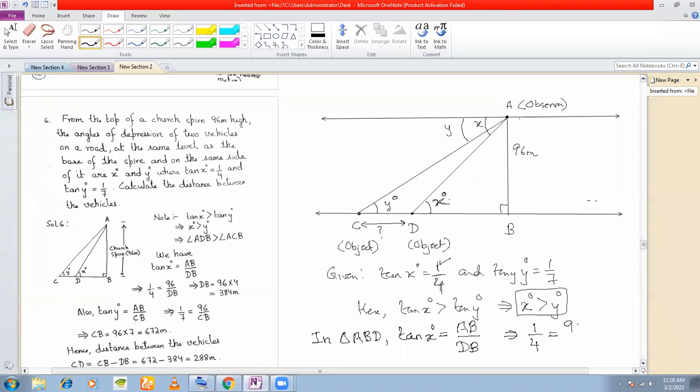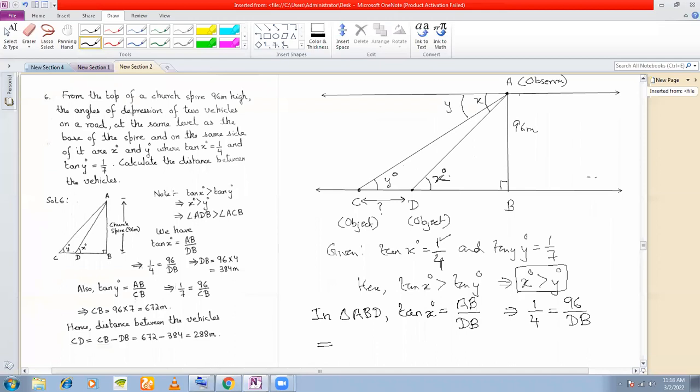The length of AB is the height of the church spire, which is 96, divided by DB. We'll find out DB. So what is the length of DB here? We cross multiply. We get DB is equal to 96 into 4, which is equal to 384 meters. Right? So you have got this length. How much is this length? 384 meters.